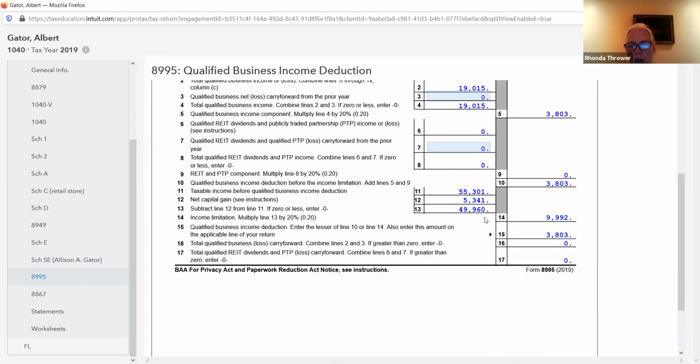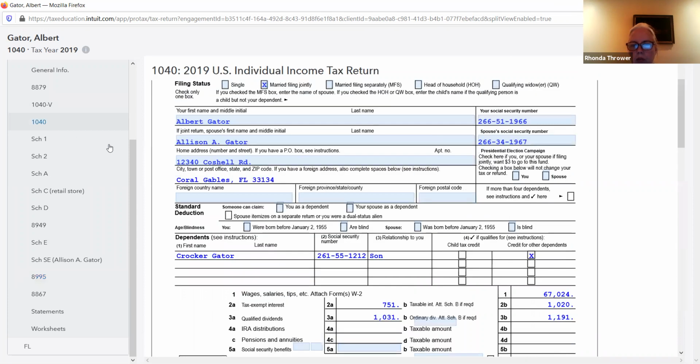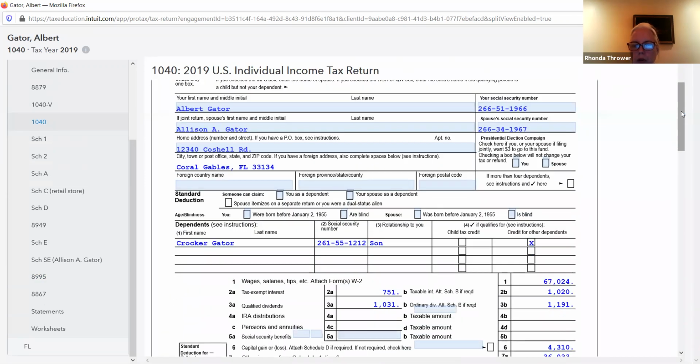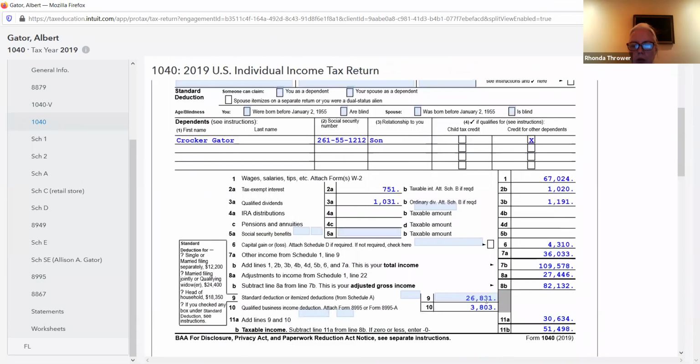All right, and then enter the lesser of line 10 or 14. This is 10, this is 14, this is the lesser. So that's how they're getting the 3803. That goes back to the 1040 form. So I clicked on the 1040 form. It goes right in here.